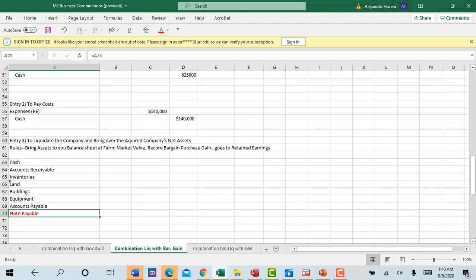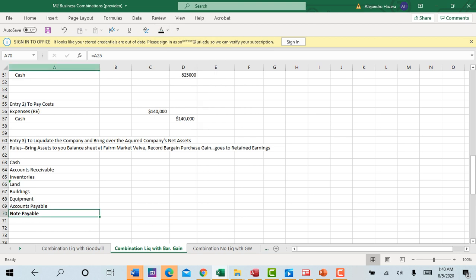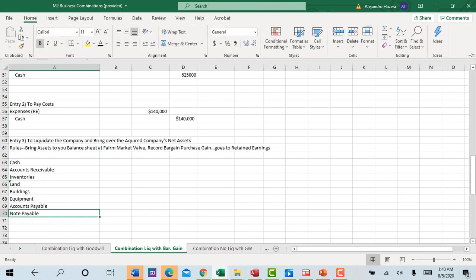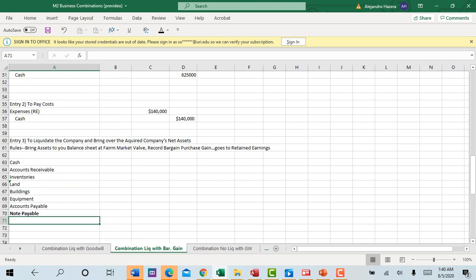I don't know why that's notes payable there. Okay, and then we're going to finish with the investment account, which we're going to write off.